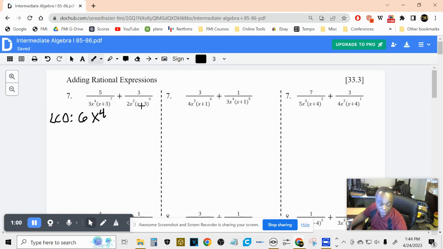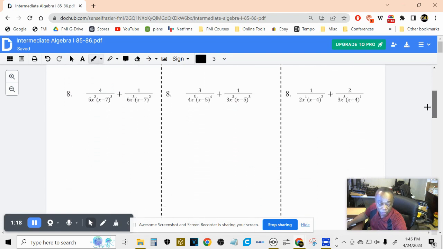Always choose the higher number for your LCD. So it'll be the 7 over here. So the next is x plus 3, and that's to the 7th power. And that's it. That's how you find your LCD. Let's go to the next one and do the same thing.